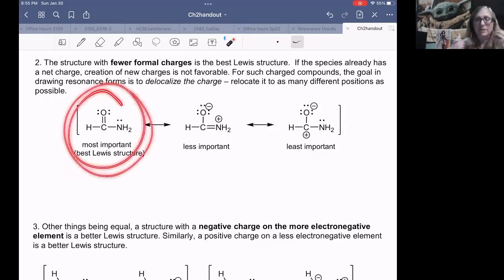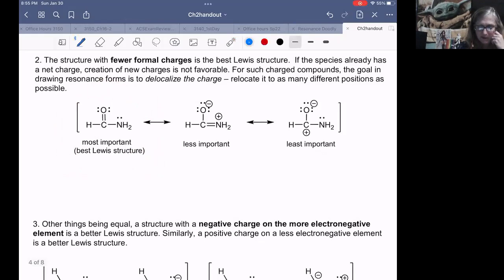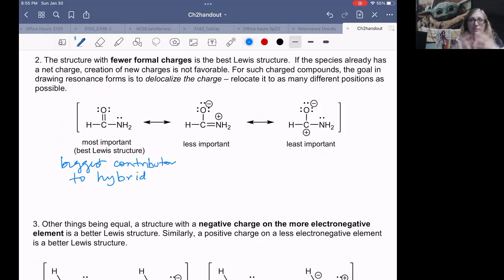This is the biggest contributor to the hybrid. So overall, this is the best picture of what this molecule really looks like. But it does have some additional resonance contributors.